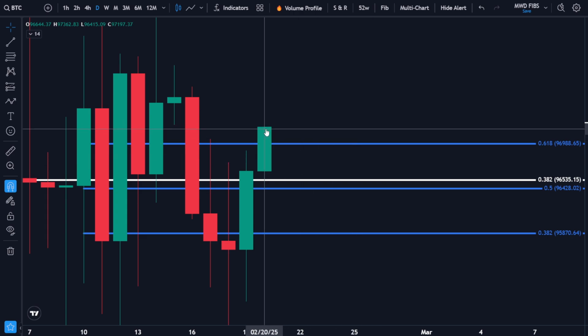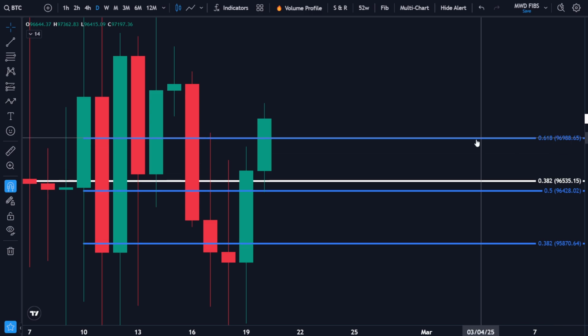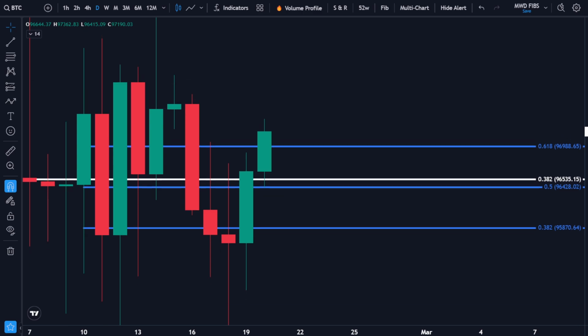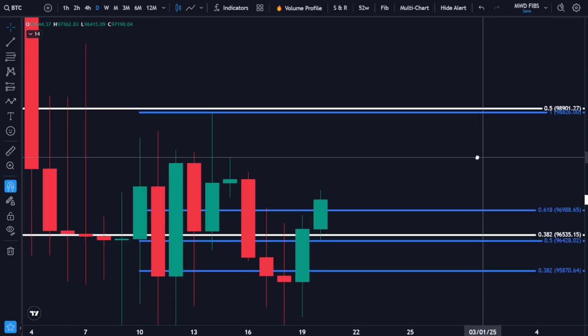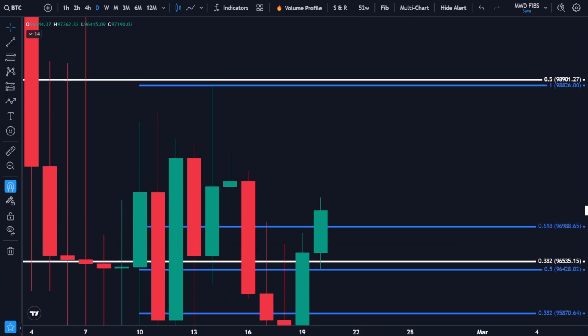So if this daily candle will be able to hold above 0.618 or 0.5 of the weekly fib, that is signaling bullish, and we are expecting to target this blue and this white fibs.